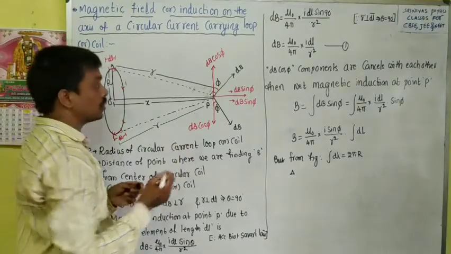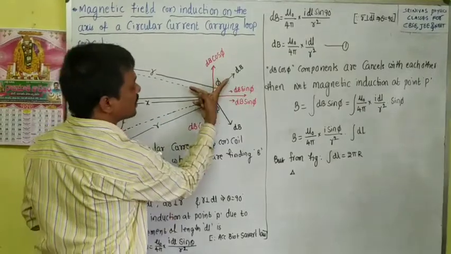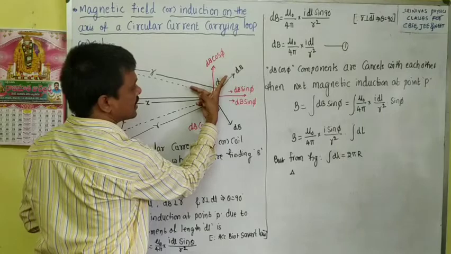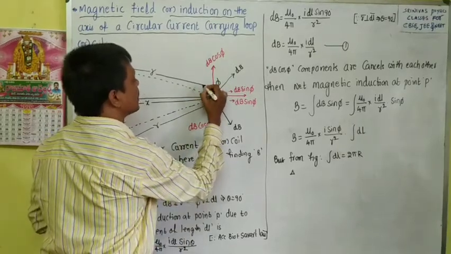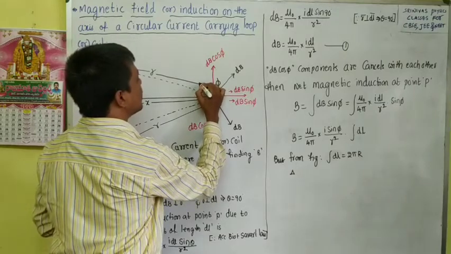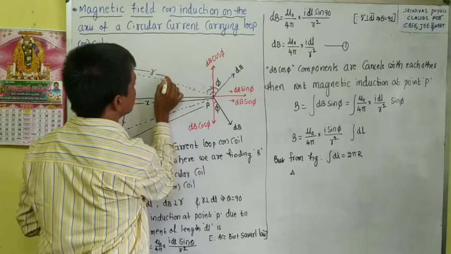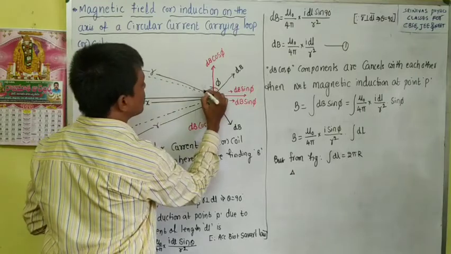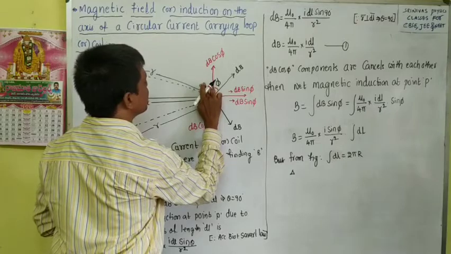One thing we have to know here. This angle I am taking as phi, but R and dB are perpendicular to each other. This angle is phi, the total angle is 90, so this angle will be 90 minus phi.